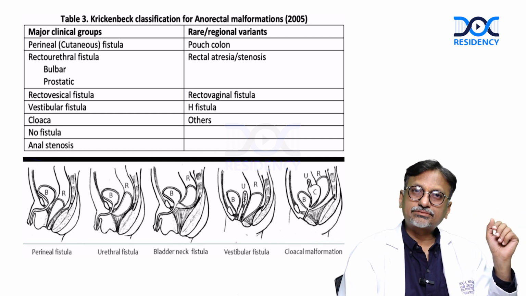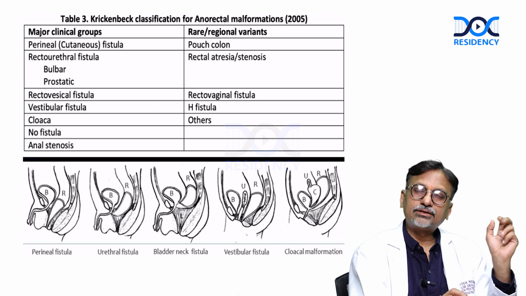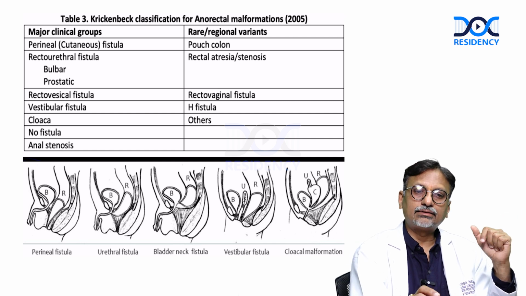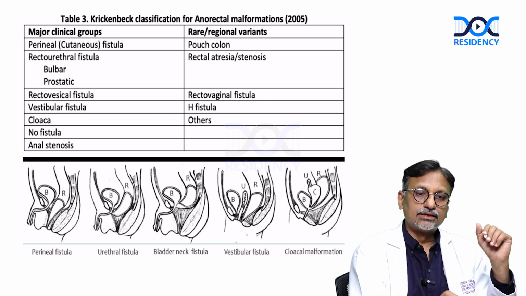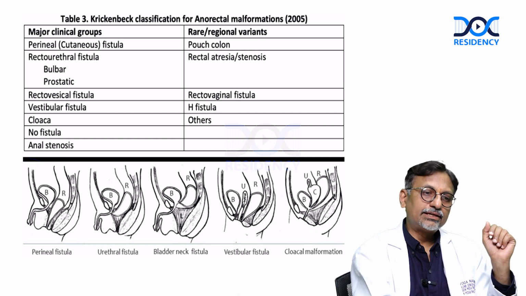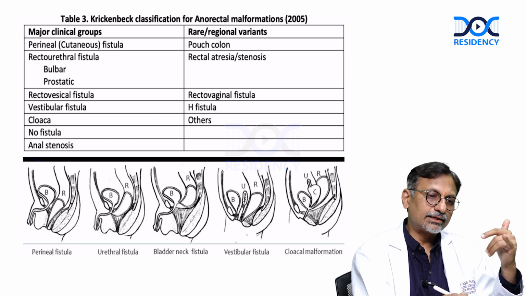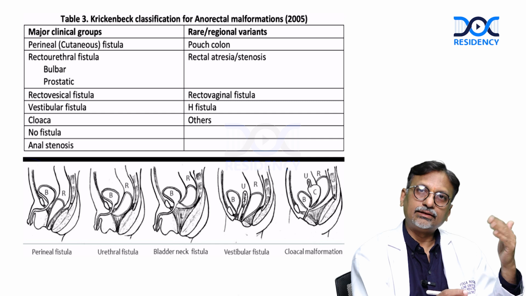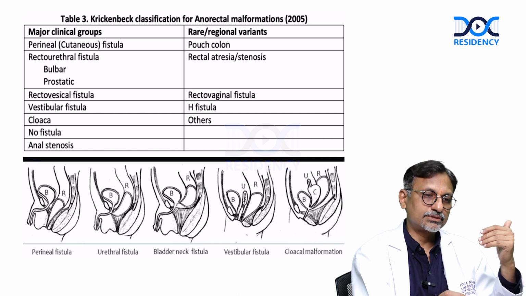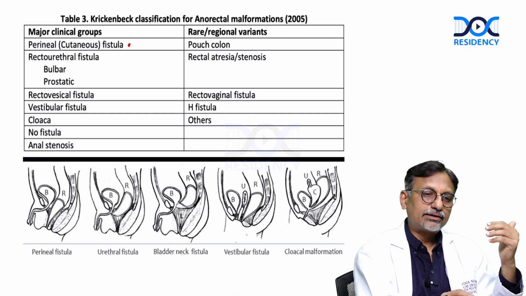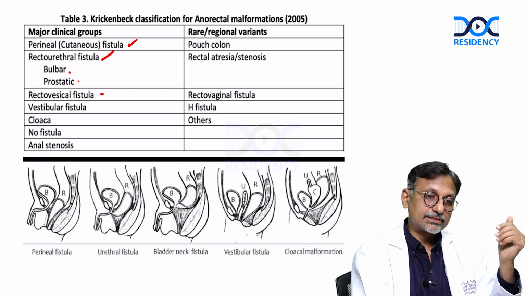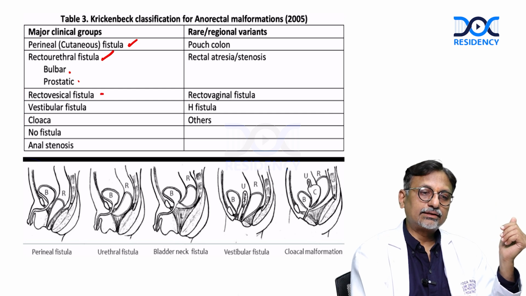In this Krickenbeck classification, it is divided into major clinical groups and rare or regional variants. In the major group, we can divide it into low, intermediate, and high types. They can be divided into perineal fistula or rectourethral fistula, which can be either bulbar or prostatic, and a rectovesical fistula if it is high up, and there can be a vestibular fistula also in a female.